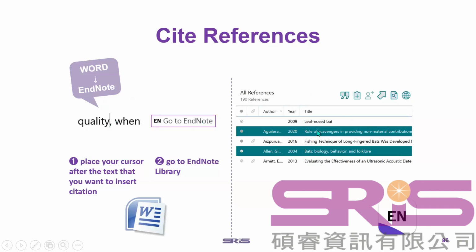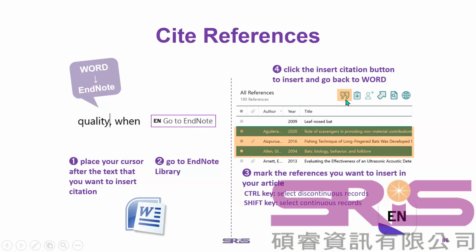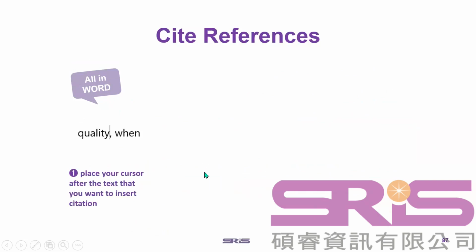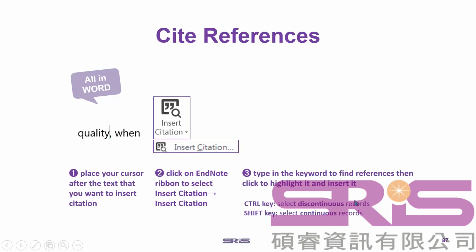Then click on the Insert Citation button. Okay, and the next method is all done in your Word. The first step is to place your cursor at the right place too. Then you can go to the plugin tab.